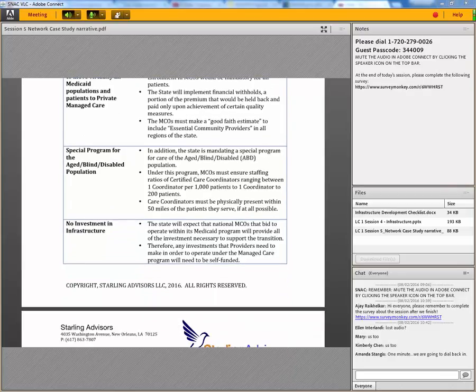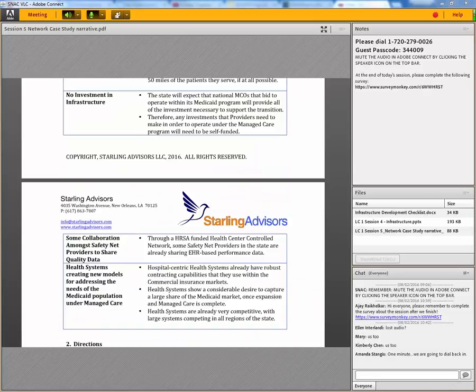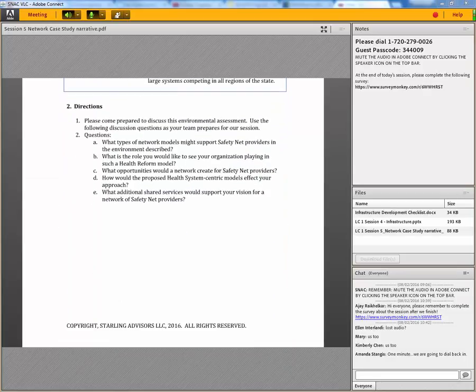We'd like you to read about those environmental factors, and then work again with the leaders in your organization who are part of this virtual learning process to discuss how you might respond, including what type of networks might support safety net providers in the environment described, and how you would see your organization playing or not playing a role in that type of network. Would this be a good opportunity or a bad opportunity for safety net providers?